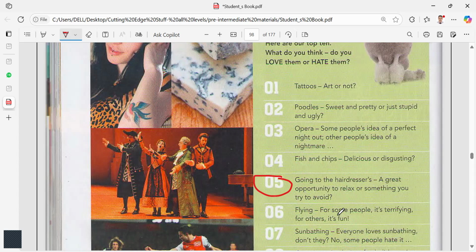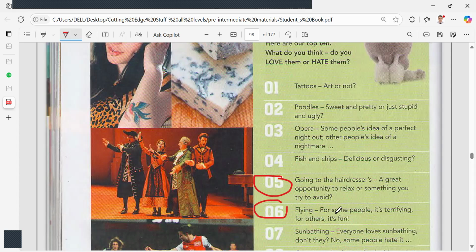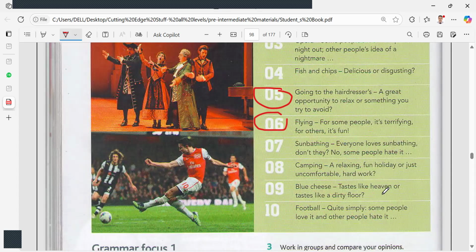I hate sitting in a small place for all that time. The whole thing is just awful. What about you? I'm the same. I hate flying too. I'm just too scared. I'm sure it's fine, really, but I don't like it at all. We both hate flying then.